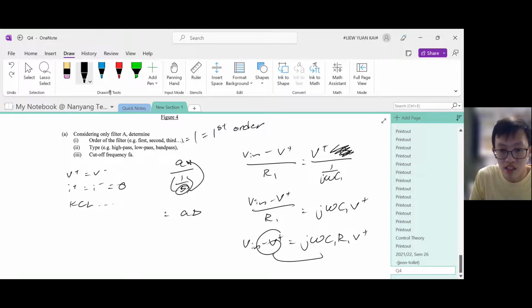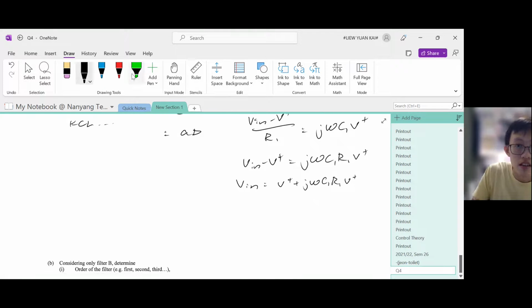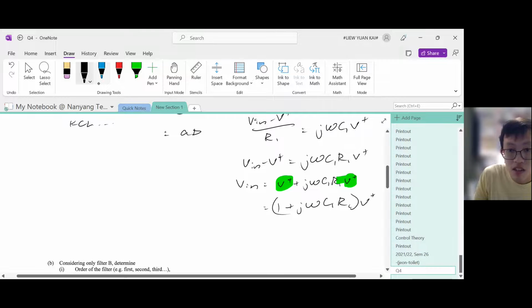So this, I will move it to the other side. I get V in is equal to V plus plus J omega C1 R1 V plus. Okay, what shall I do next? I shall factorize. See, both of these have V plus. I shall factorize it out. So 1 plus J omega C1 R1, factorizing out V plus.